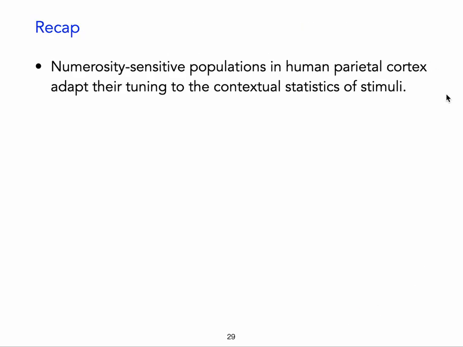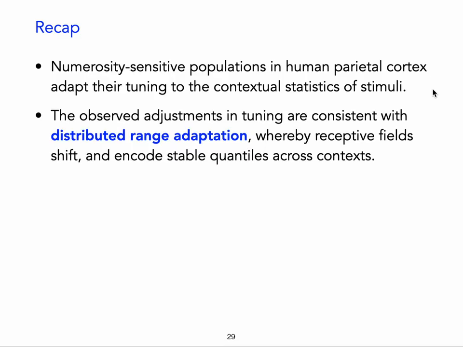So to recap, the numerosity sensitive population in human parietal cortex adapt their tuning to the contextual statistics of stimuli. The observed adjustments in tuning are consistent with this hypothesis of distributed range adaptation, which posits that receptive fields shift and encode stable quantities across context.